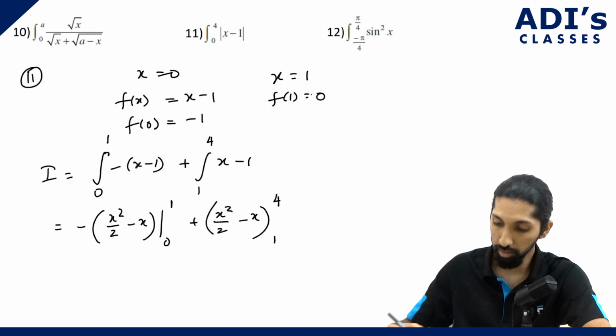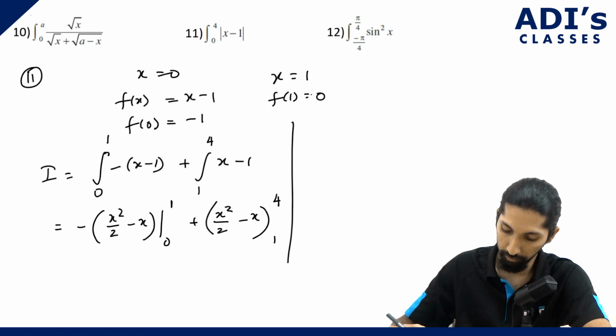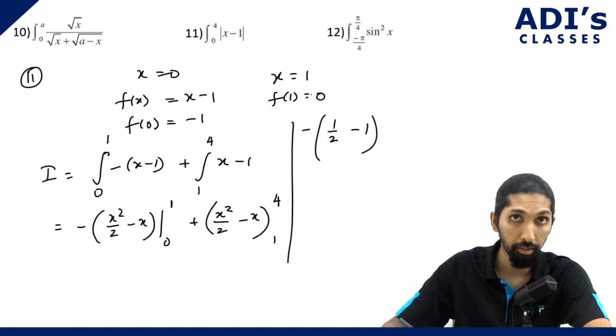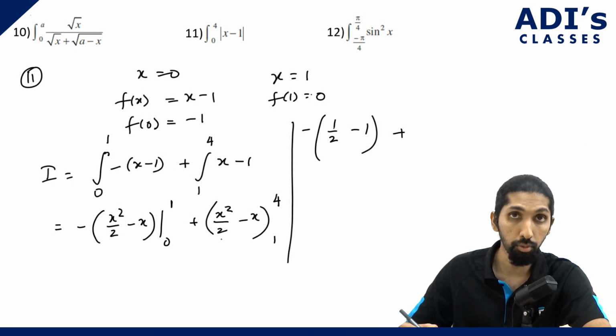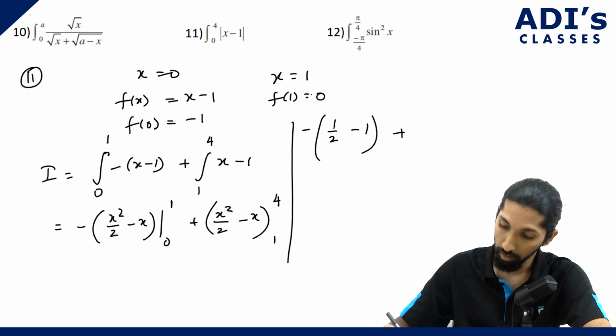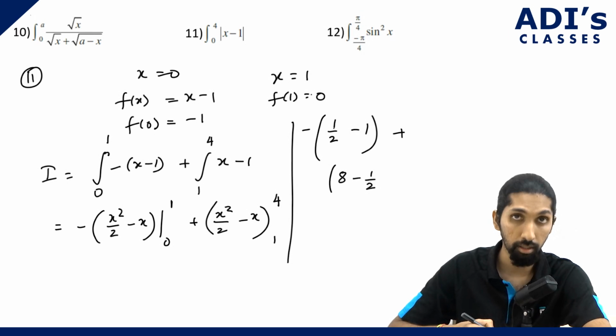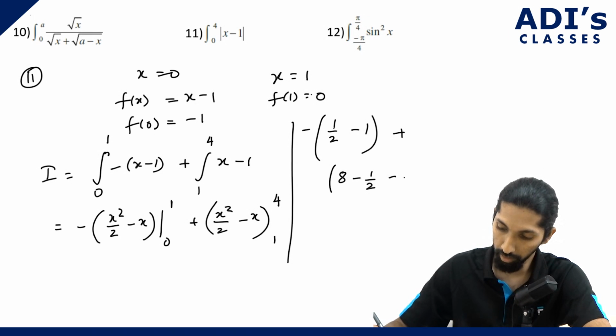Okay, so let's do it here. It's very easy. So minus of 1 by 2 minus 1, correct? Plus the next one is going to be 4 square by 2. 4 square is 16 by 2 is 8, plus 8 minus 1 by 2, the upper limit, minus of 4 minus 1 is 3.